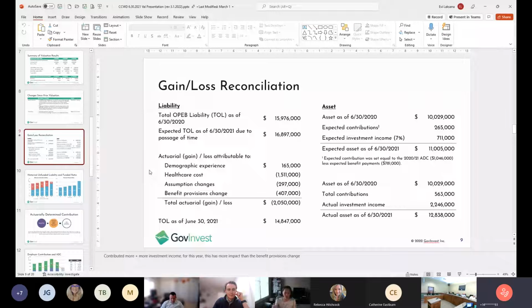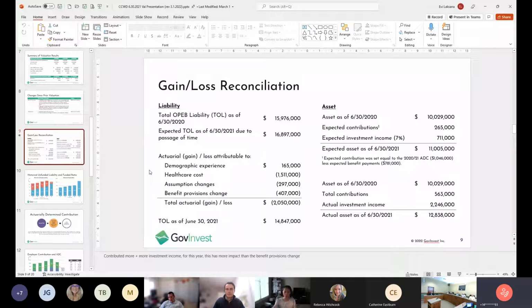Thank you. So there are 4 different buckets that we can classify actual gain loss to. Demographic is the first one. Healthcare cost is the second one. Healthcare cost refers to, remember when I talked about the 4 components of OPEB valuation, one of the assumptions is a trend increase on how fast we expect the premium rates to increase in the future.